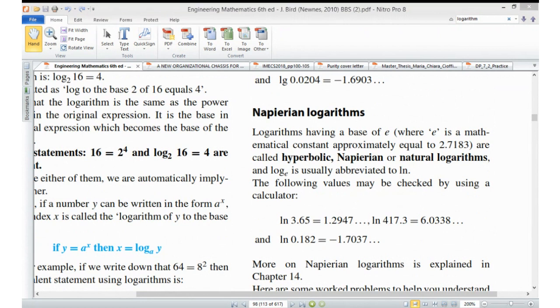We're going to derive the laws of logarithms from the laws of indices, and you're going to see how direct it is, because you already know the laws of indices.